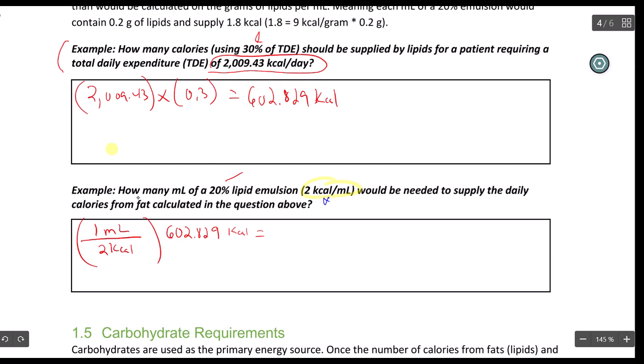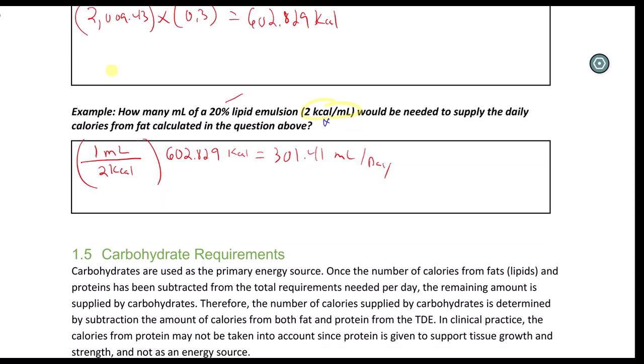It's about 301.41, which is the amount of mLs per day that the person can use of the lipids to supply the amount needed in terms of their calorie requirements from lipids.